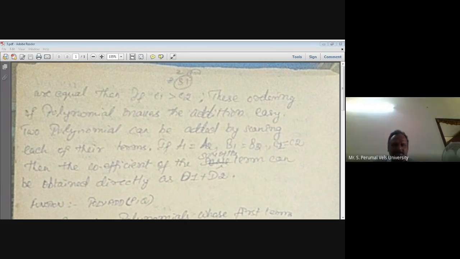If these three conditions are satisfied, then the first polynomial term is given in the resultant polynomial, because the first term is greater.